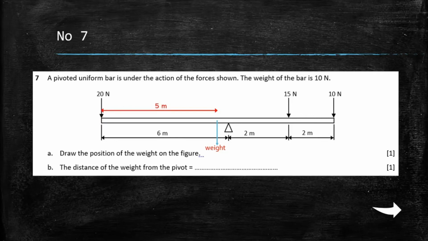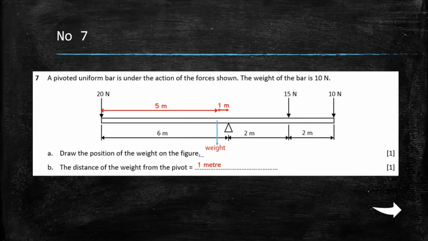The distance of the pivot from the left end is 6 meters. This one. So, the distance of the weight from the pivot is 1 meter, because 5 plus 1 equals 6 meters. So that's the answer for number 7b, 1 meter.